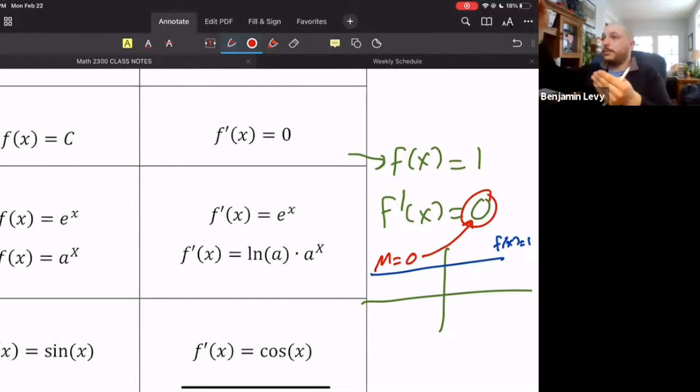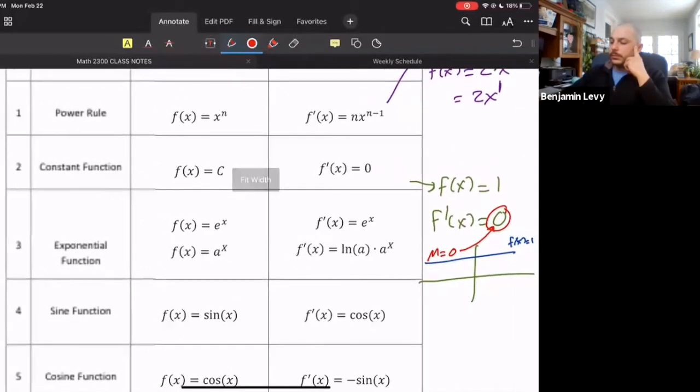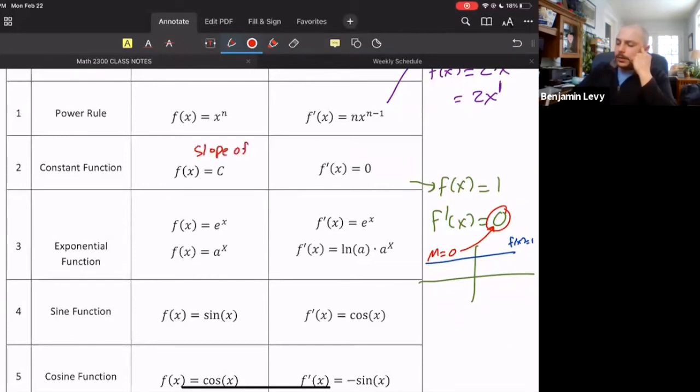That's literally what f being constant and f prime being 0 means. Is that helpful? Let me write that down: the slope of a constant function is 0. That's what this rule is telling us.